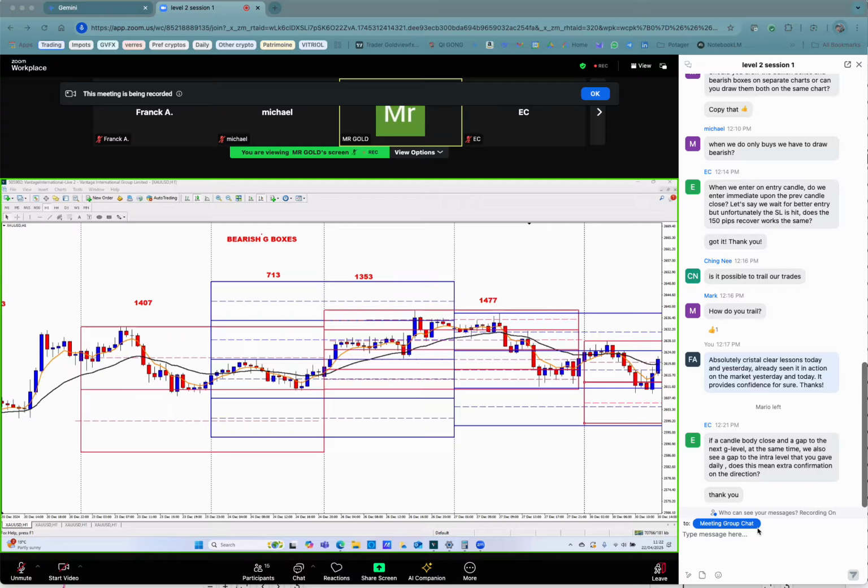Tomorrow, I'm going to combine and do bullish and bearish boxes again. And I'm going to show you how we navigate the day, both with bullish and bearish boxes, regardless of if you're buying only, or selling only, or doing both buys and sells, it doesn't matter. Regardless, I'm going to show you how to use bullish and bearish boxes together.